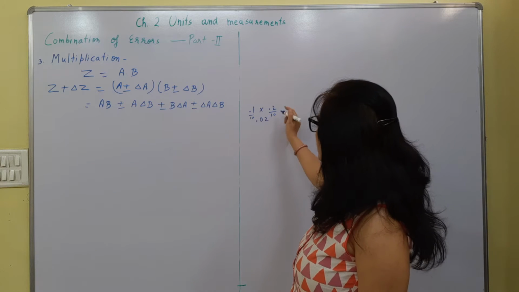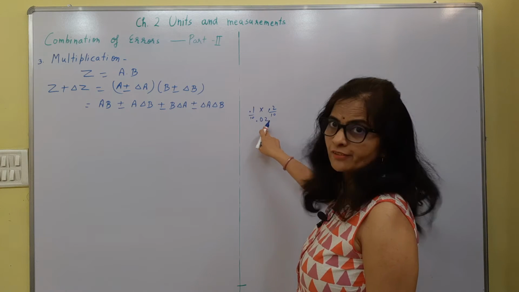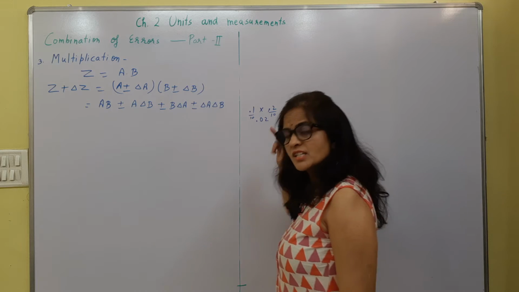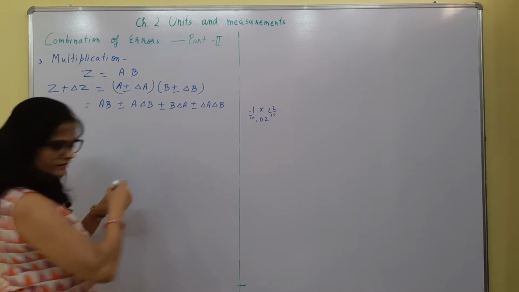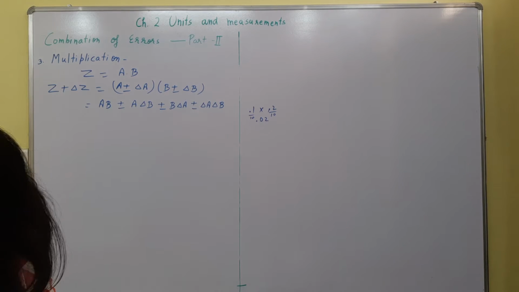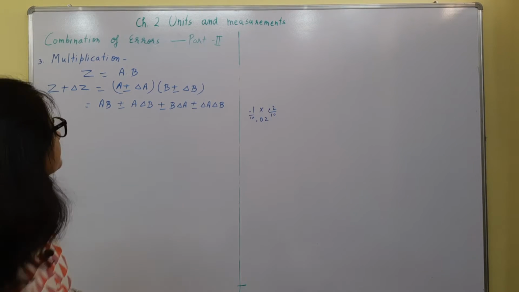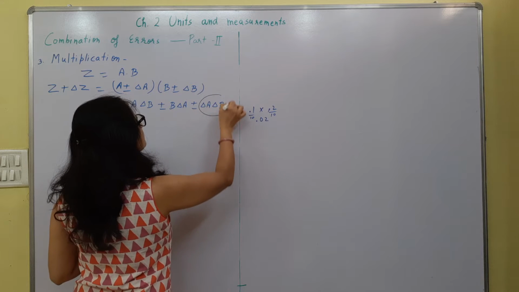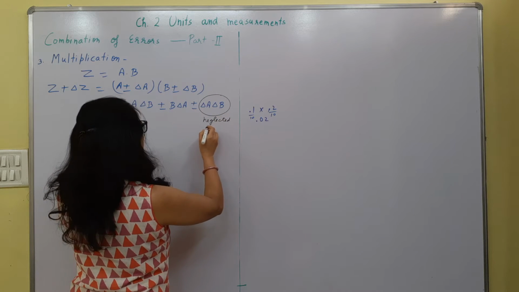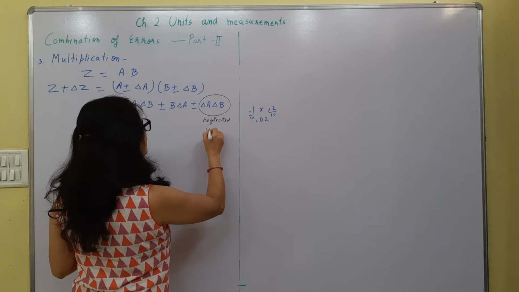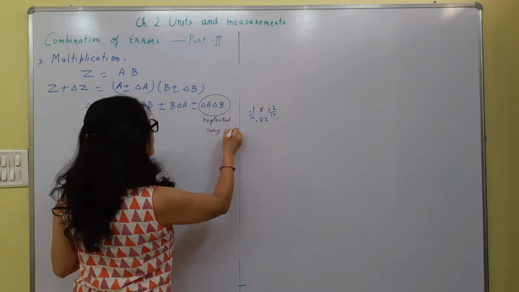This will be 2 upon 100, that will give you 0.02. So this is even smaller. So what will I do? I'll neglect this term. This will be neglected as this is very small.